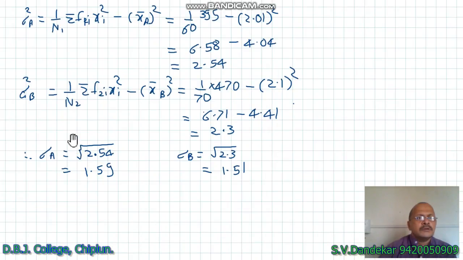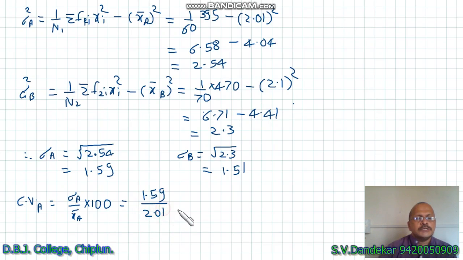Now we want the coefficient of variation. For team A, it is equal to sigma A upon XA bar into 100. Sigma A is 1.59. XA bar is equal to 2.01. This works out to be 79.10, and CV for team B is sigma B upon x bar B into 100.